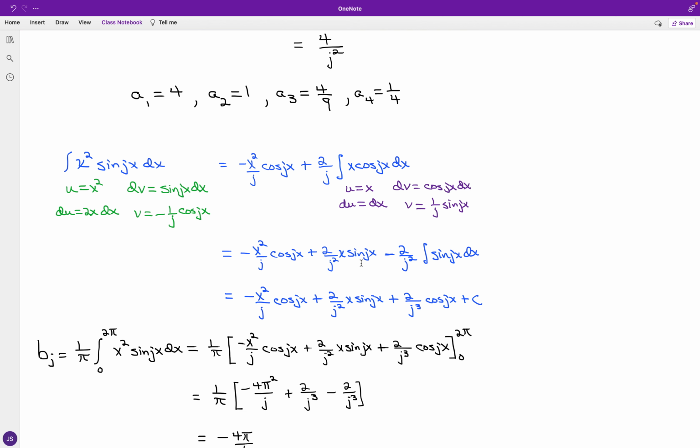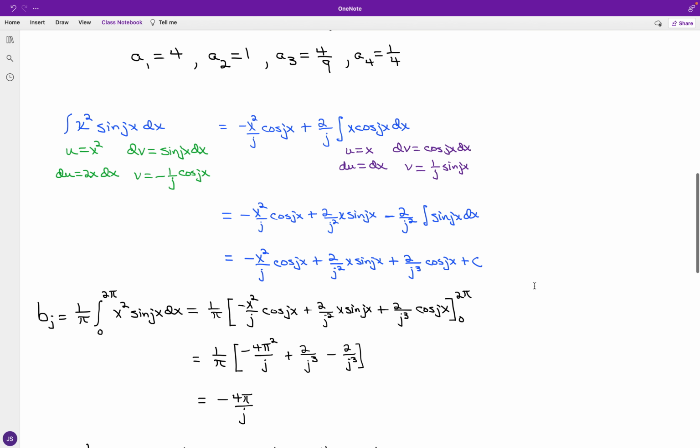And minus, for 2 over j times the subtraction of the integral of v du part, we land at the subtraction of 2 over j squared times the integral of the sine of jx dx. In the follow through, we have these three terms to arrive with the third antiderivative at the addition of 2 over j cubed times the cosine of jx. And we can work with j for all natural numbers.